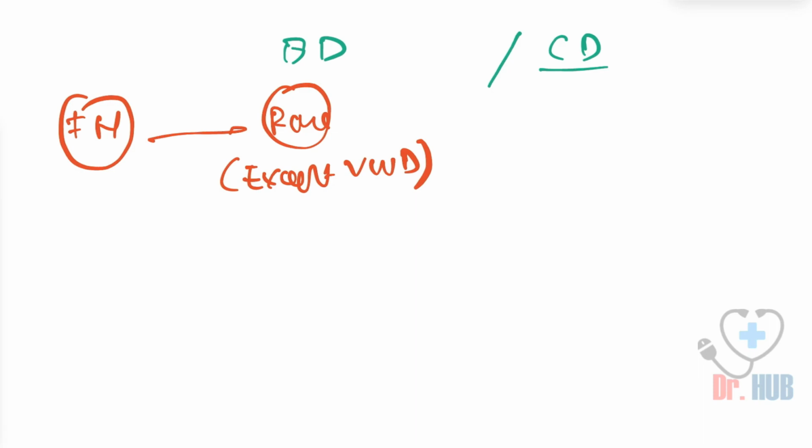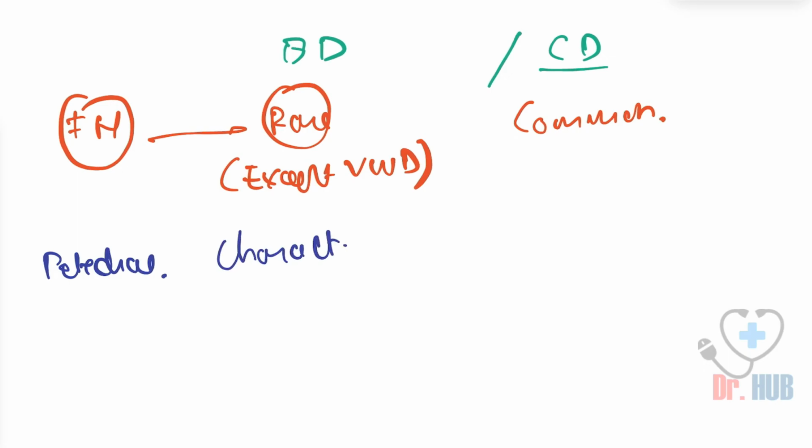And in coagulation disorders, the family history is very common. After the family history, we look at the petechiae. The petechiae are very characteristic in case of the bleeding disorder, whereas in coagulation disorder, they remain rare.